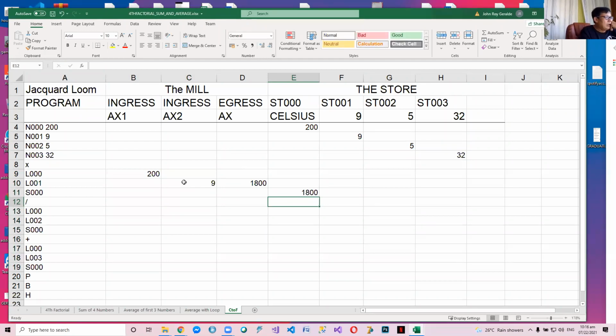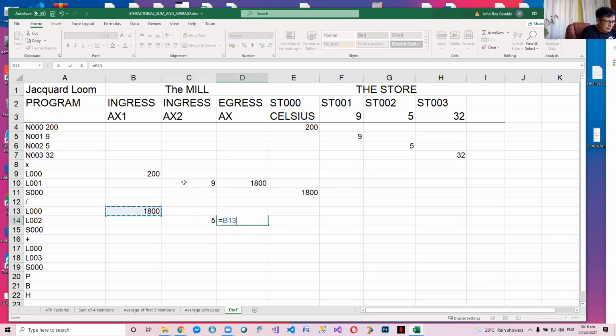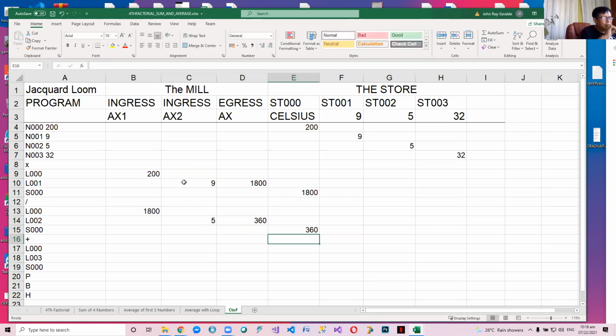And then we divide 1,800 by L002, which is 5. That's 360, and we store it to L000, so this becomes 360. Do you follow?